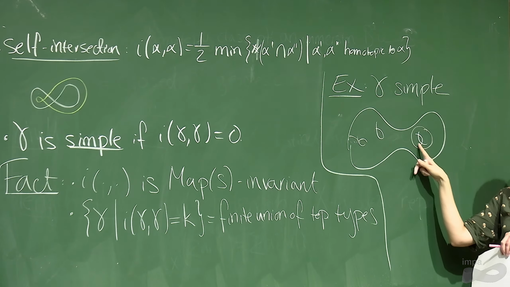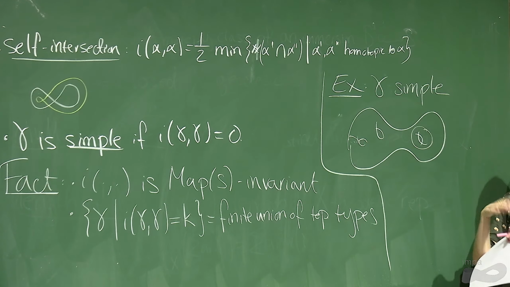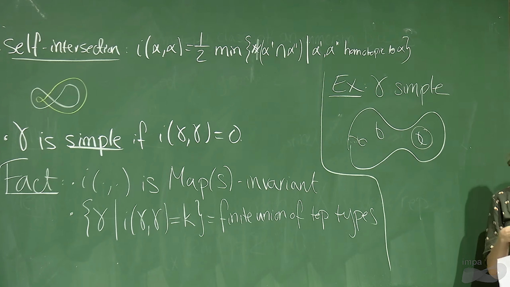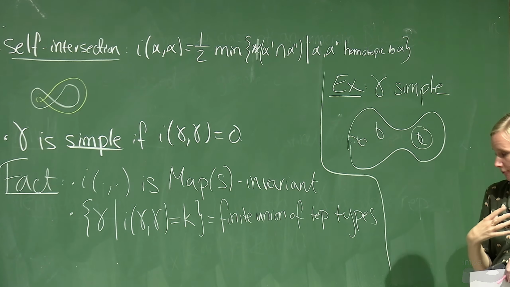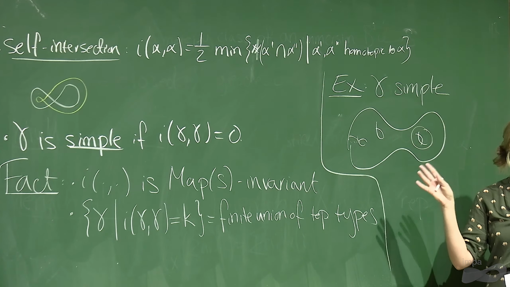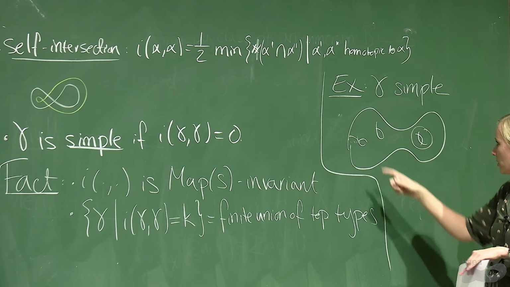And the same thing happens if I cut here. I cut off 1 genus, but I get 2 boundary components. By the fundamental theorem of surfaces, any such surfaces are homeomorphic. Surfaces are classified up to homeomorphism by number of boundary components and genus. So these are of the same type.